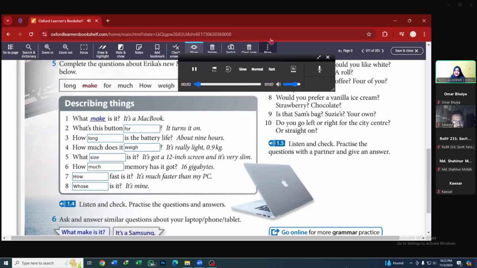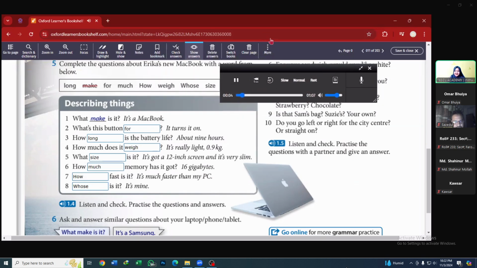1.4 Describing things. 1. What make is it? It's a MacBook. 2. What's this button for? It turns it on. 3. How long is the battery life? About 9 hours. 4. How much does it weigh?